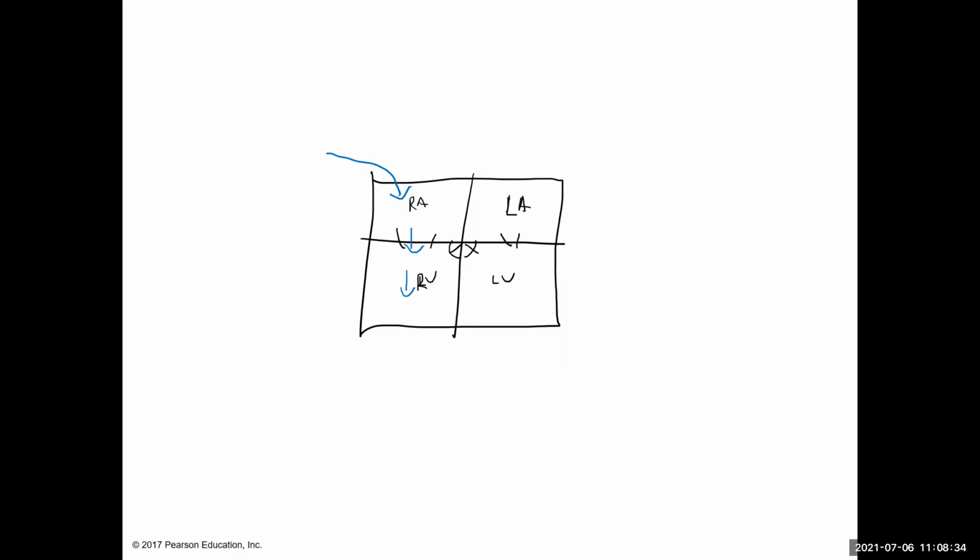And then just draw the flow. So right atrium, AV valve, right ventricle, pulmonary semilunar valve, out to the lungs.